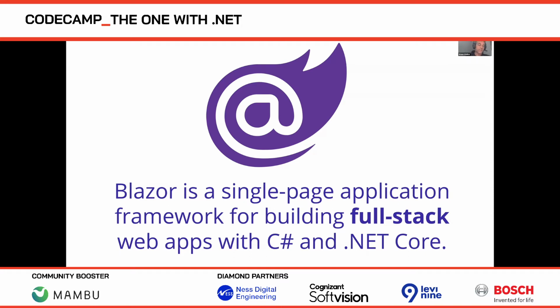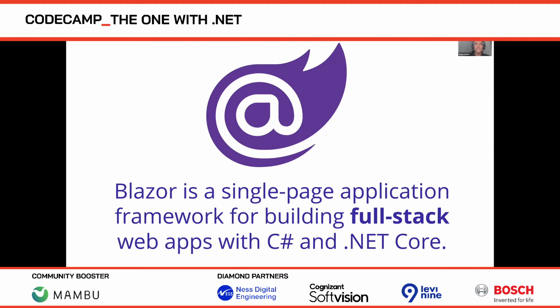Blazor is an exciting new technology from Microsoft, released a couple of years ago. It's basically a single page application framework that allows developers to build full stack web applications using C# and .NET Core. The full stack aspect of this is very important in the sense that most single page applications being built nowadays have a back end, which could be in .NET Core or perhaps some other technology, and a front end built on a JavaScript based framework, such as React, Angular, Vue, or others.